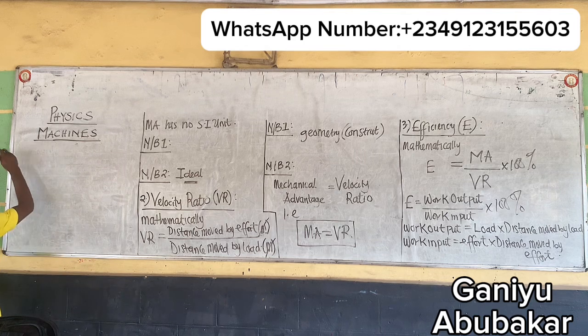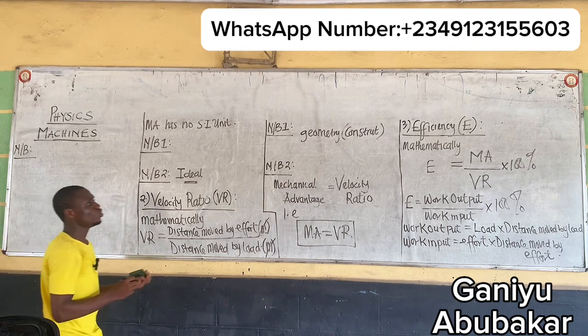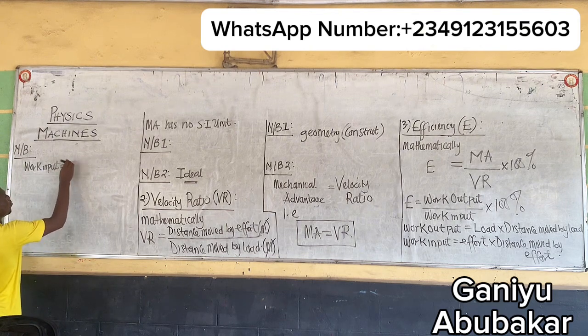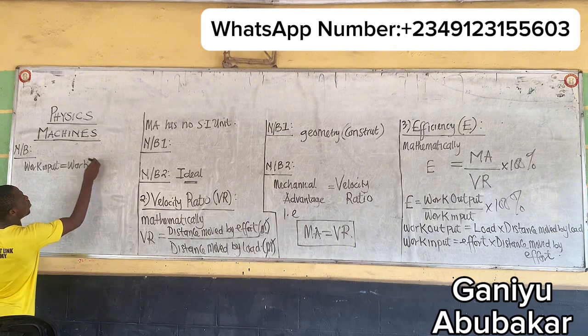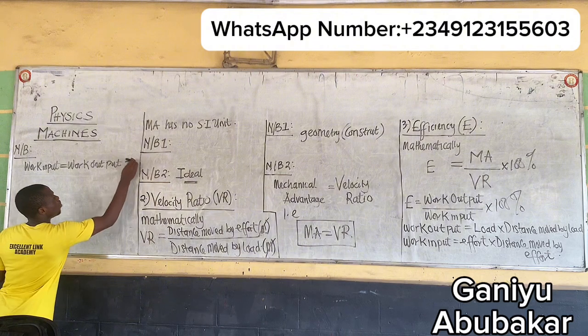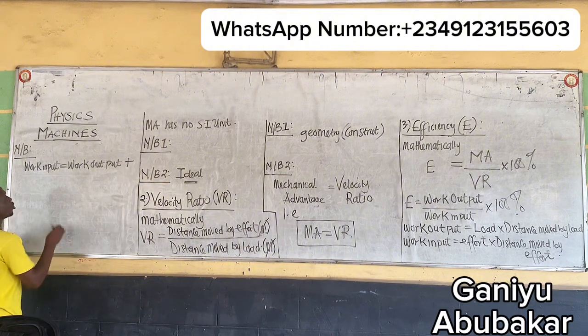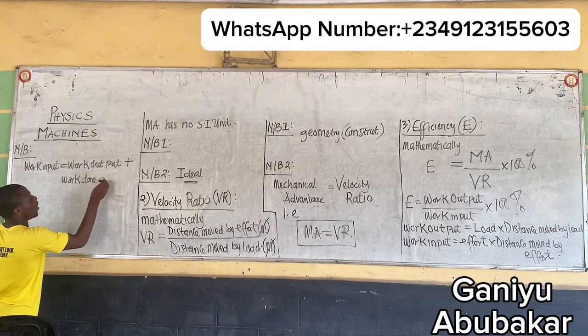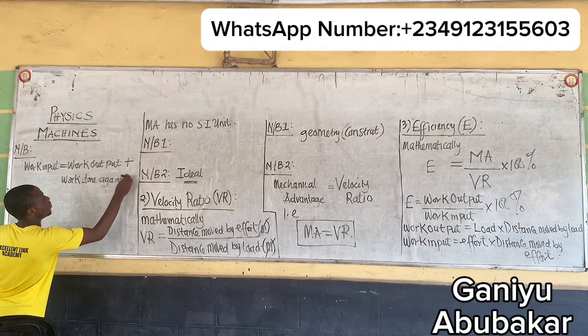Also note, under efficiency, that work input is equal to work output plus work done against friction.